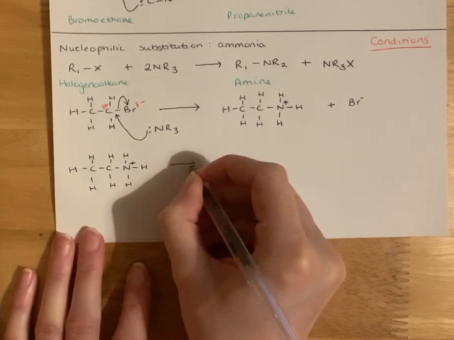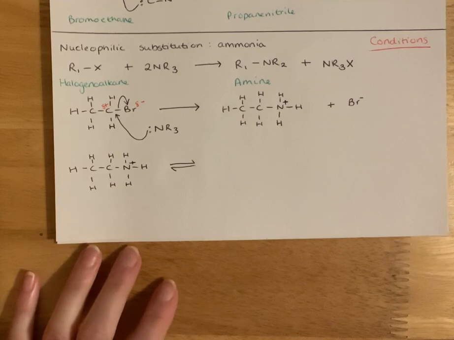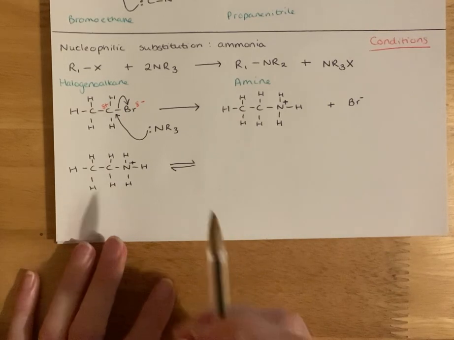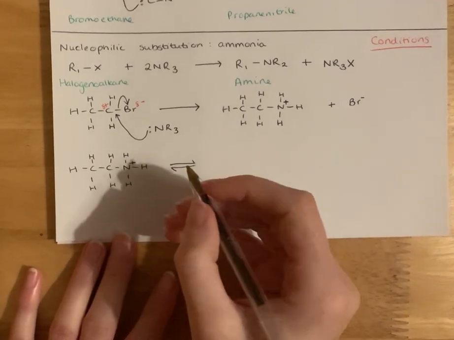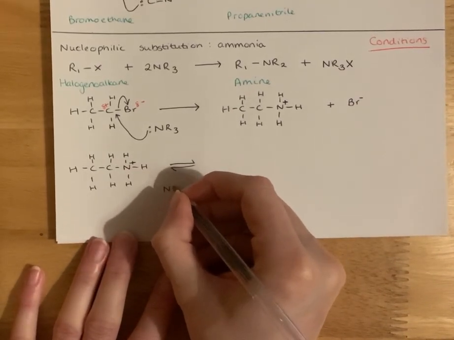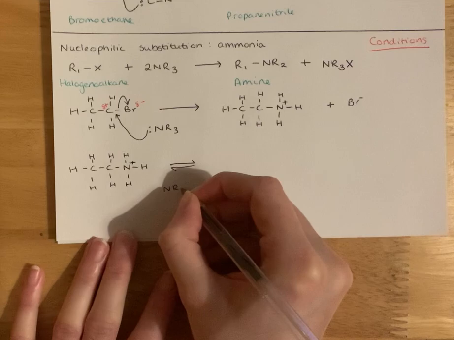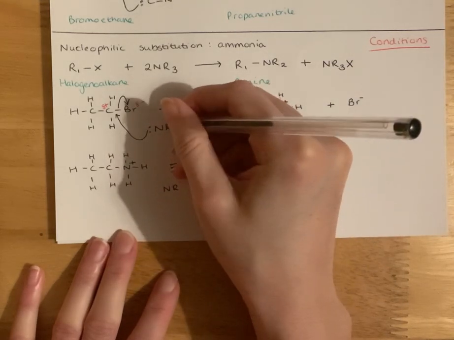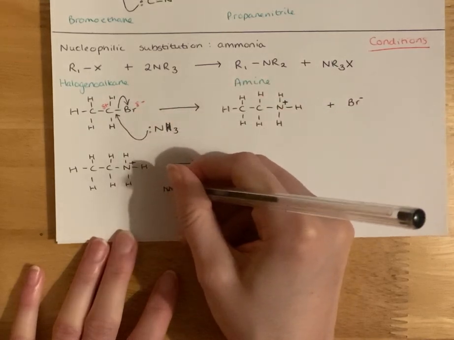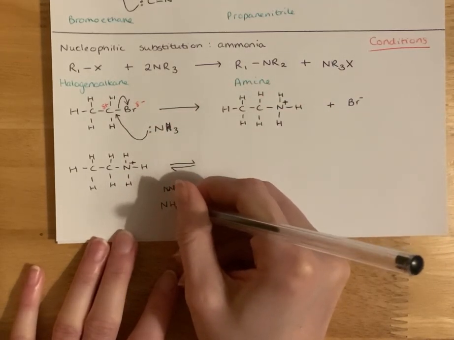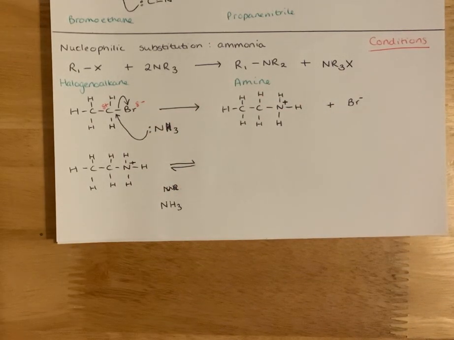So this is a reversible reaction, this is an equilibrium. So this reaction is happening as is this one. And what's going to happen is we're going to take another, sorry, that should be a H, we used ammonia in this example. So NH3.